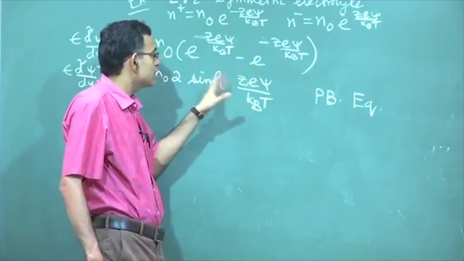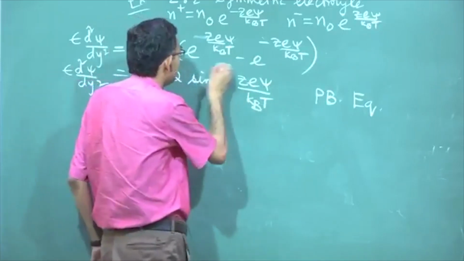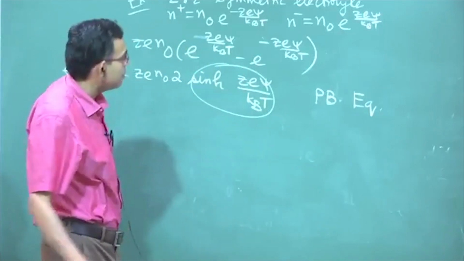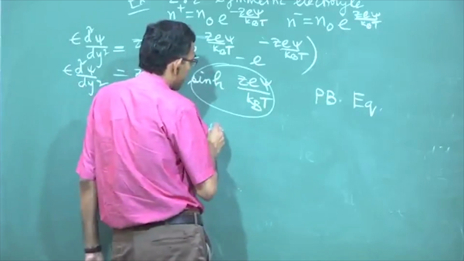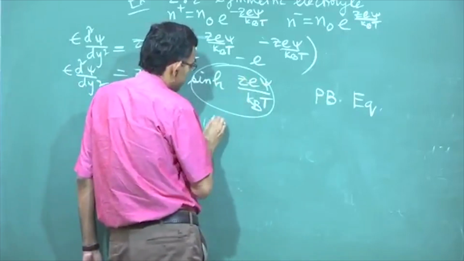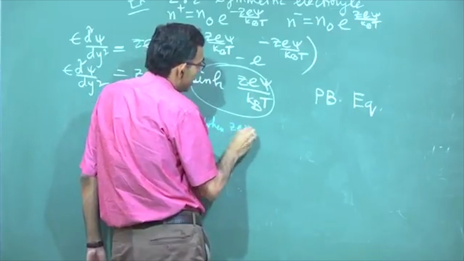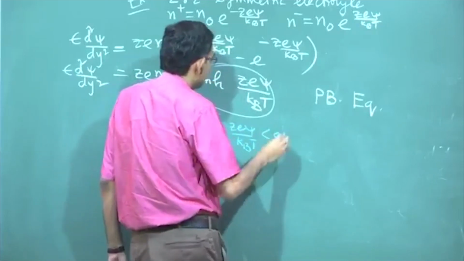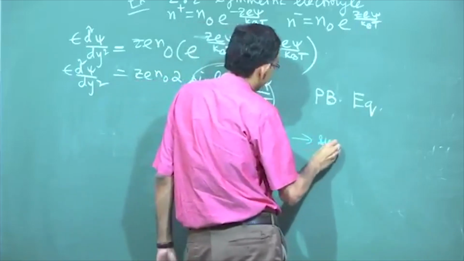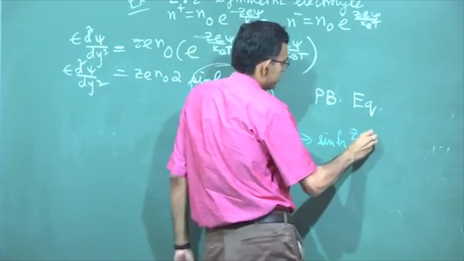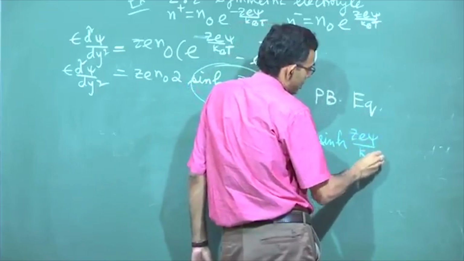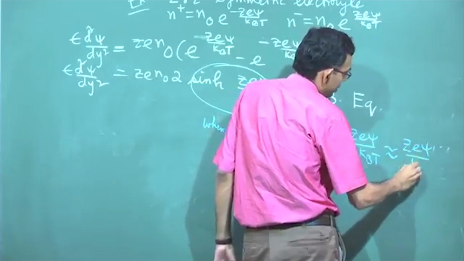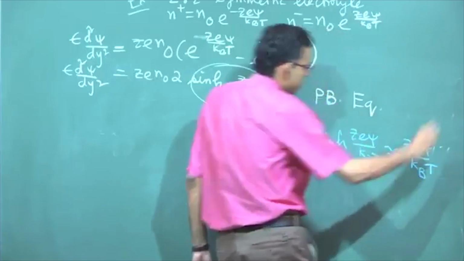See, the non-linearity is because of this term. So, this term can be linearized when Z e psi by kBT is small, much less than 1, then sin h of it is as good as Z e psi by kBT.